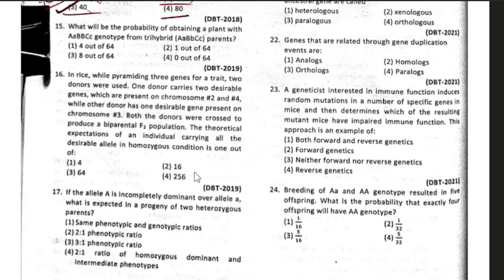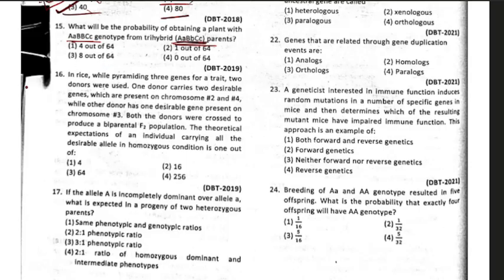Next, what will be the probability of obtaining a plant with genotype Aa, B, Cc, of a trihybrid from this parent? So we have this parent and we have to get this offspring.